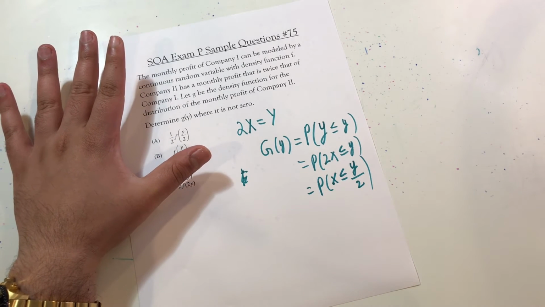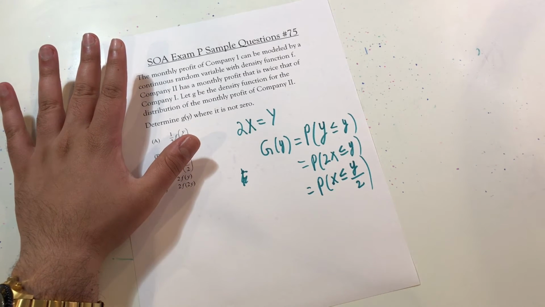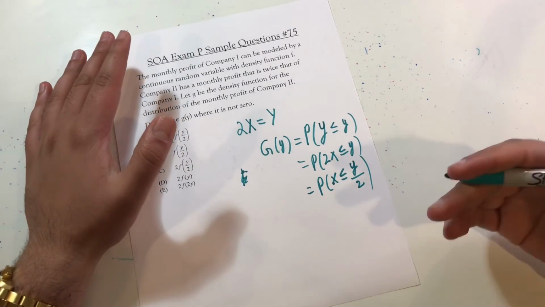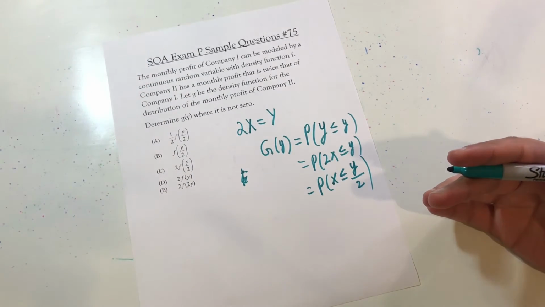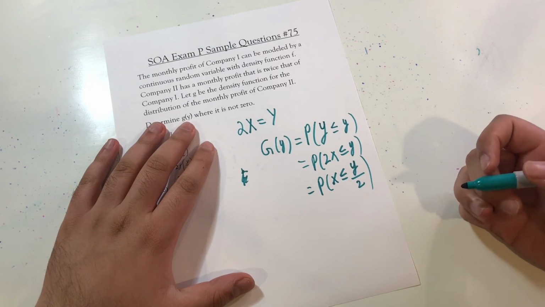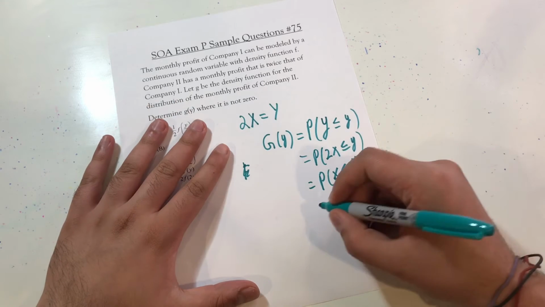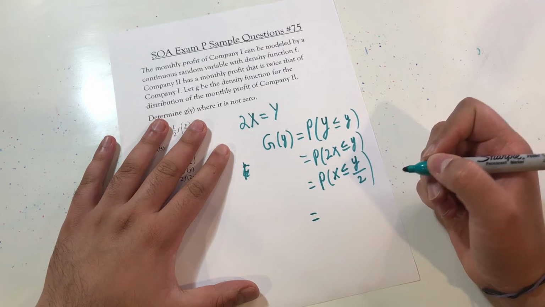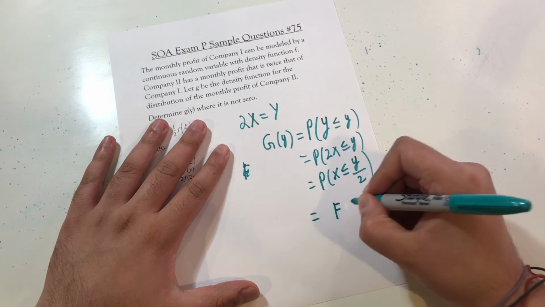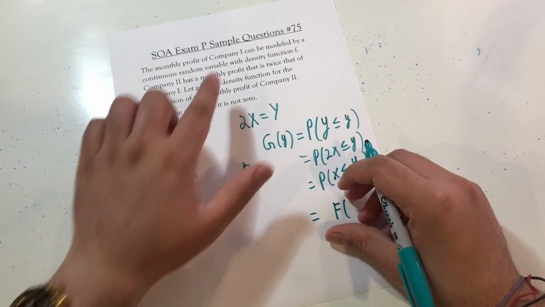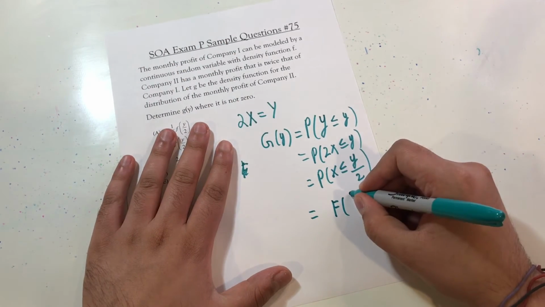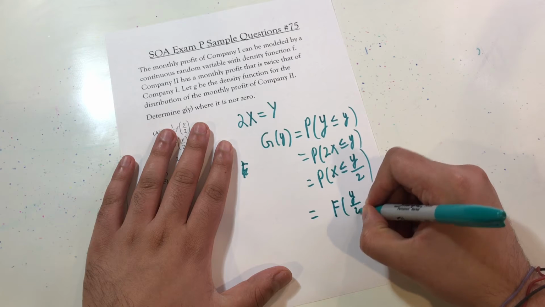Now what we can do is differentiate, since what we're given is a PDF. This is equal to the capital F, which is the CDF for company 1, evaluated at y over 2.